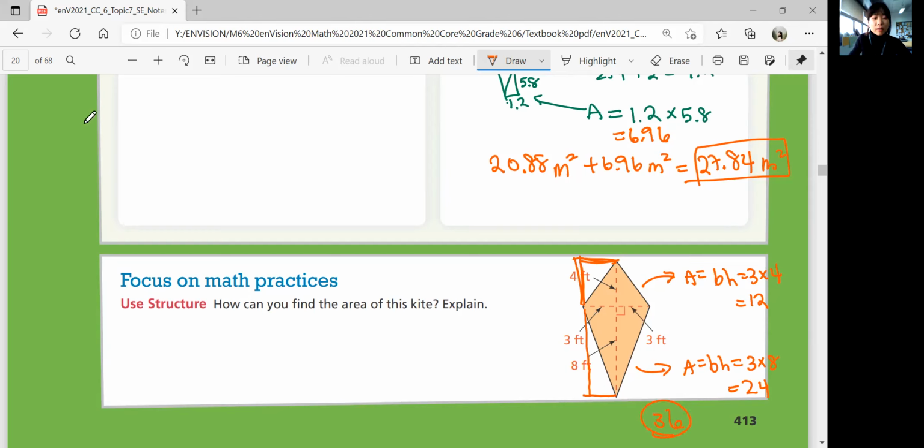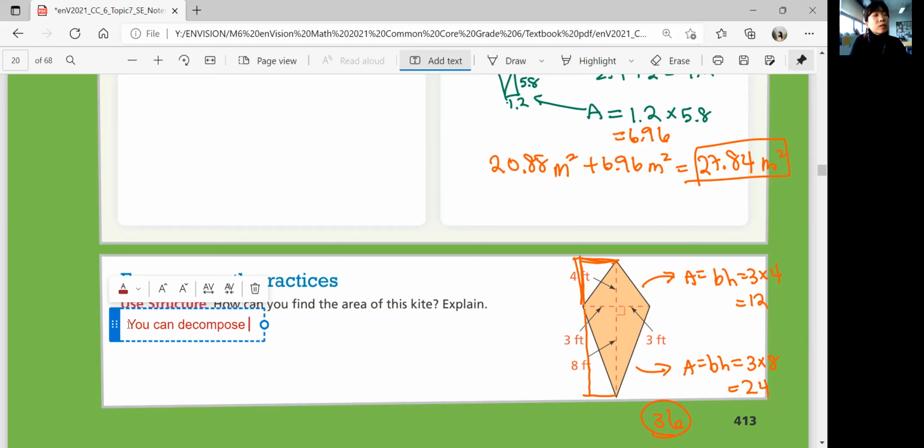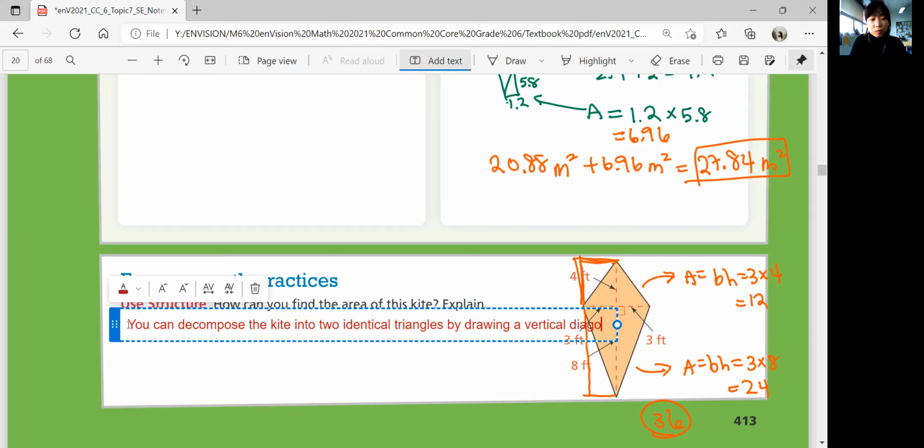How can we explain that? You can decompose, like separate the shapes, the kite into 2 identical triangles by drawing a vertical diagonal.